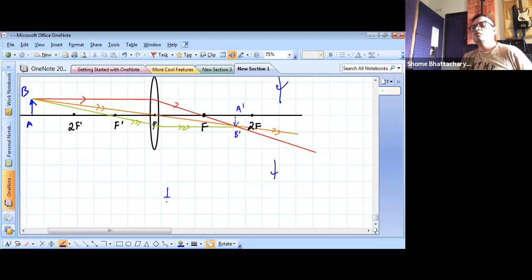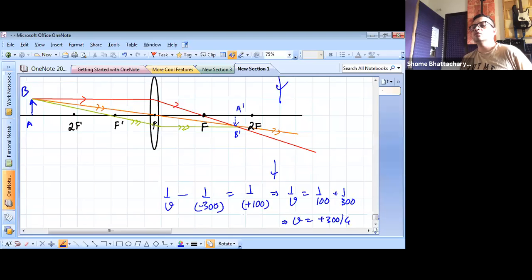The calculation will be 1 by v minus 1 by u is equal to 1 by f. This will show you that 1 by v is 1 by 100 plus 1 by 200. So v will become equal to plus 300 by 4.